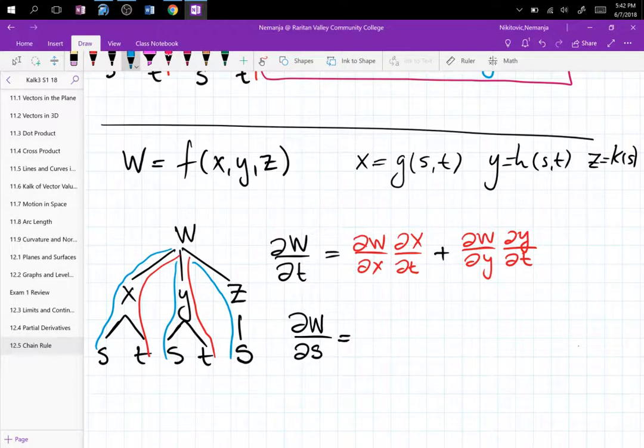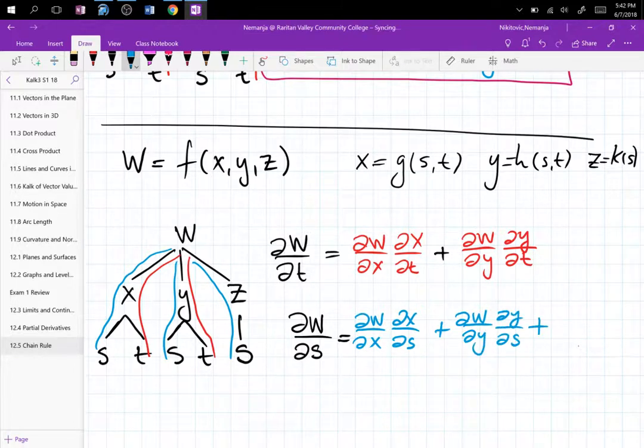So, branching at W, partial W, partial X, partial X, partial S, plus partial W, partial Y, partial Y, partial S, plus partial W, partial Z, partial S. There we go. Done. Wait, why is it partial? Oh, yes, you're right. Straight through, dZ, dS. Excellent. You still write the partial part?